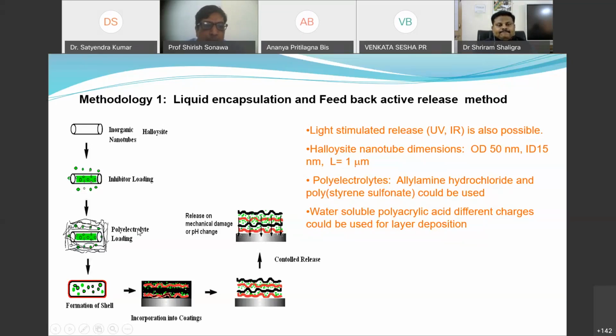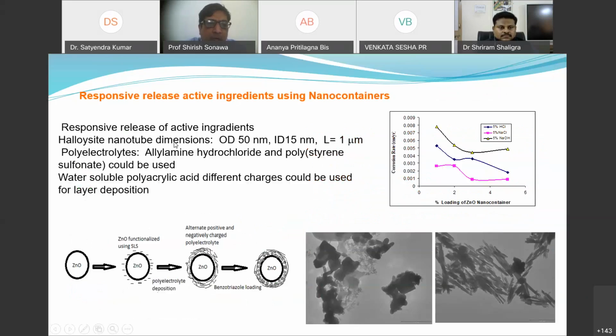So this is a methodology to encapsulate liquid active ingredients, for example, liquid corrosion inhibitors, and then we can utilize it for coatings, and we can mix it into alkyd resin or maybe epoxy resin, and have this corrosion inhibition kind of coating. The second methodology of preparation of a nano container: the halloysite tube naturally, inherently has this porous structure.